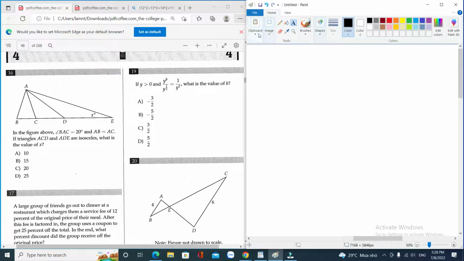Okay. They give us ACD and ADE are isosceles. Okay, so if AB equal to AC, okay, so this is really bad drawing. And AB equal to AC. Okay, so this is actually a correct drawing.